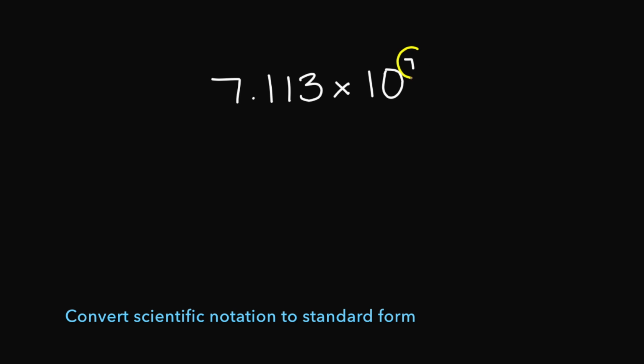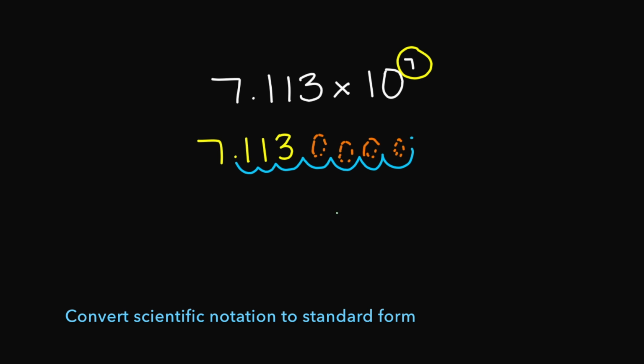I have a positive exponent, so this means I'm going to move to the right 7 times. So 1, 2, 3, 4, 5, 6, 7 puts me right here. And I'm going to go ahead and fill in my spaces here with zeros. And this is your standard form here.